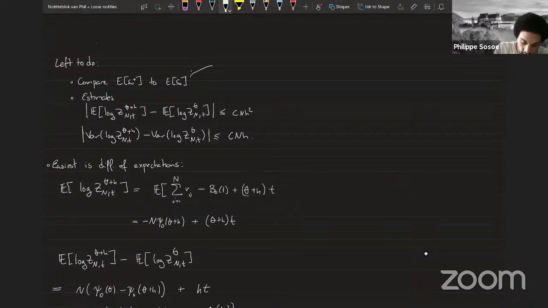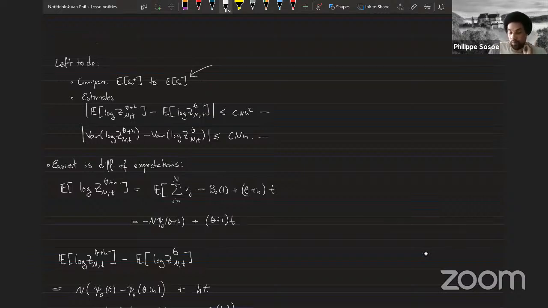We assume this comparison of expectation of S0 plus to expectation of S0. That's one thing. And we assume these two estimates. So we assume that when we shift the parameter by h, we shift the expectation by h squared. And we assume that when we shift the parameter, we shift the variance by h.